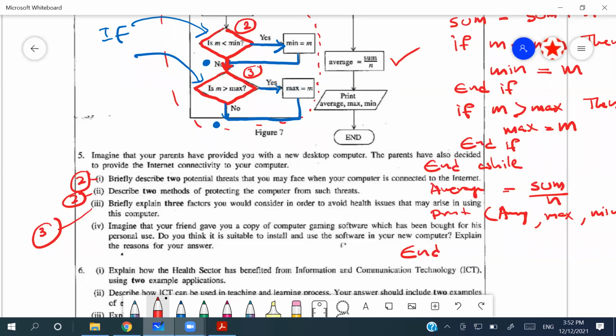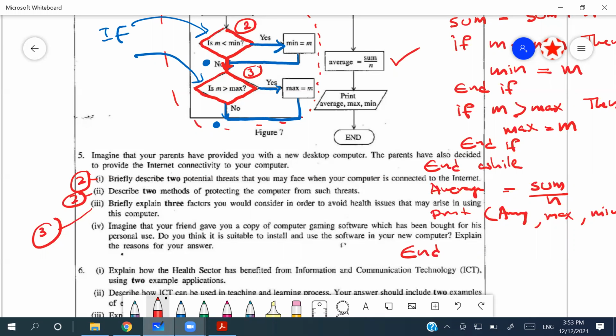So when you are describing, you have to say the friend has bought the software for his personal use. So it may be only for the friend's computer, and it is illegal if we use a copy of those things, even in a way we want to get help with, or even though we are fond of that thing.